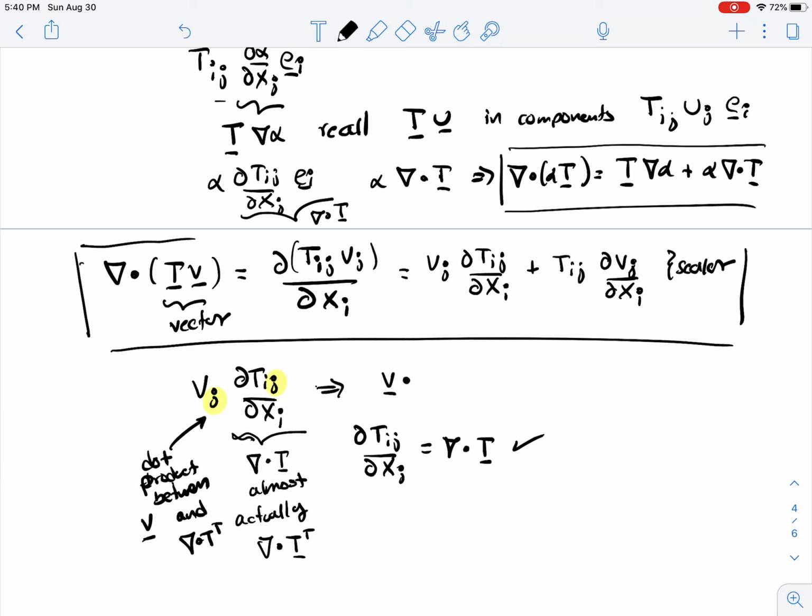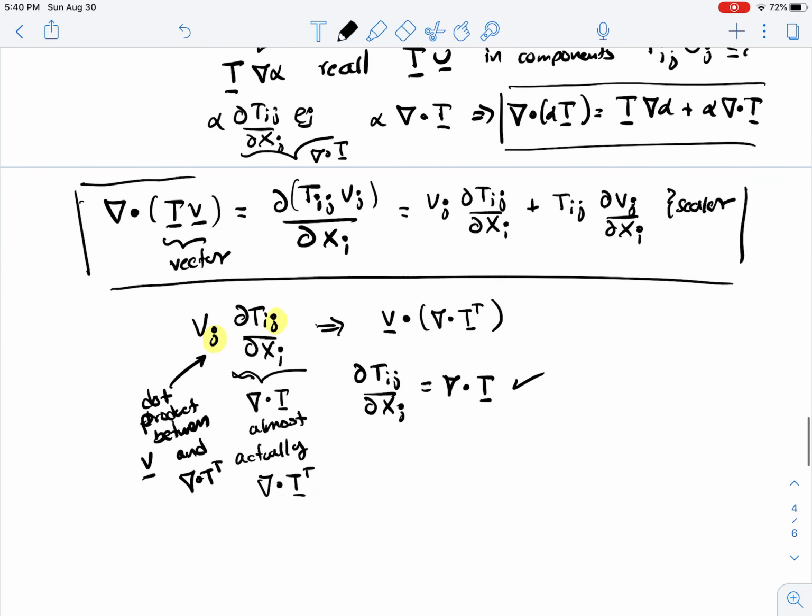So this term actually comes from V dotted with the divergence of T transpose. So that's one of the terms.